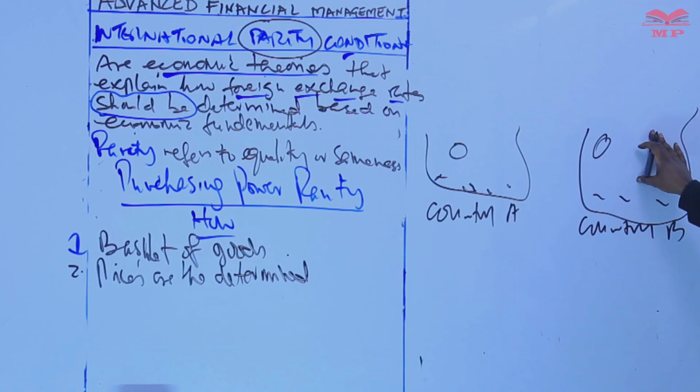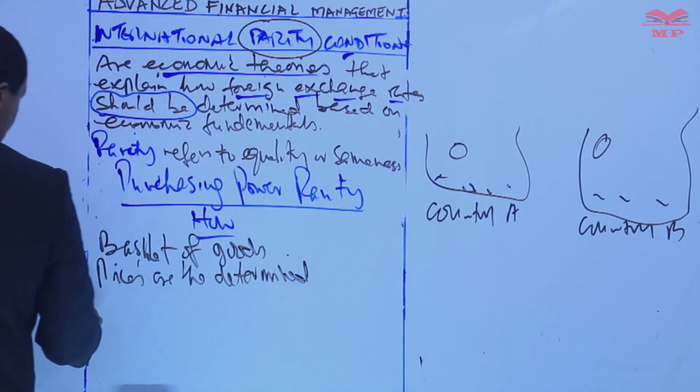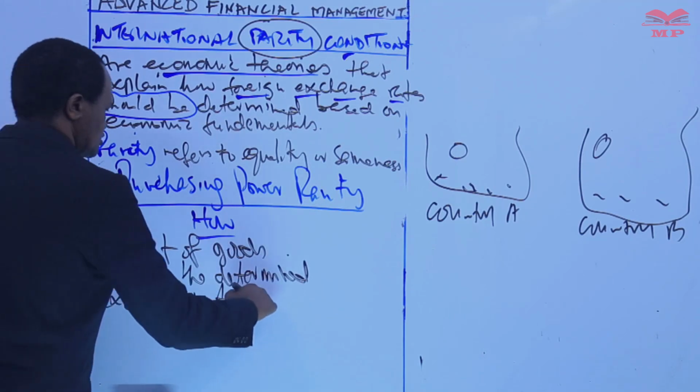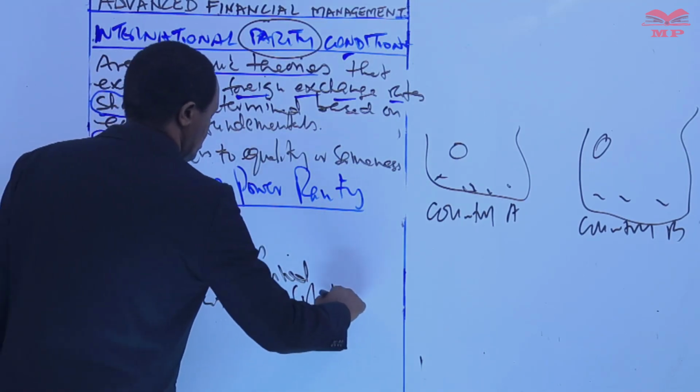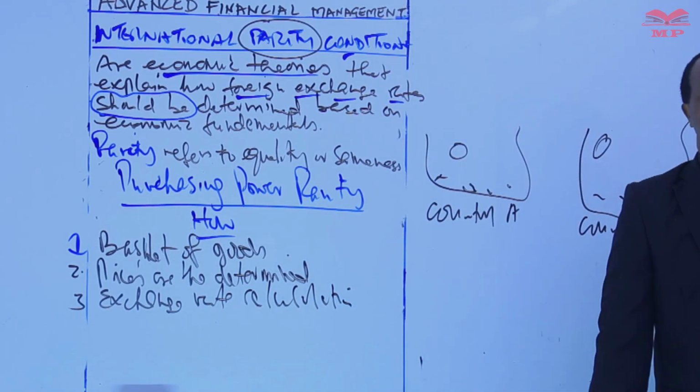After that, there is the exchange rate calculation. That means that the exchange rate between the two currencies is calculated based on the ratio of the prices of the baskets in each country. So just 3 steps. Step number 3 is to do the calculation of the exchange rate. And how does that happen?